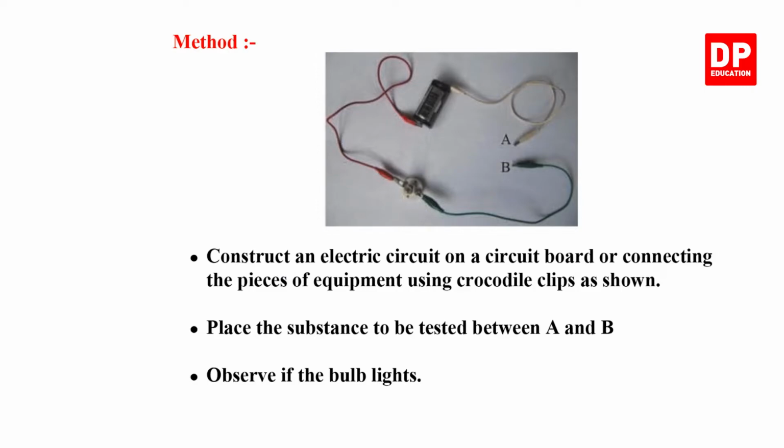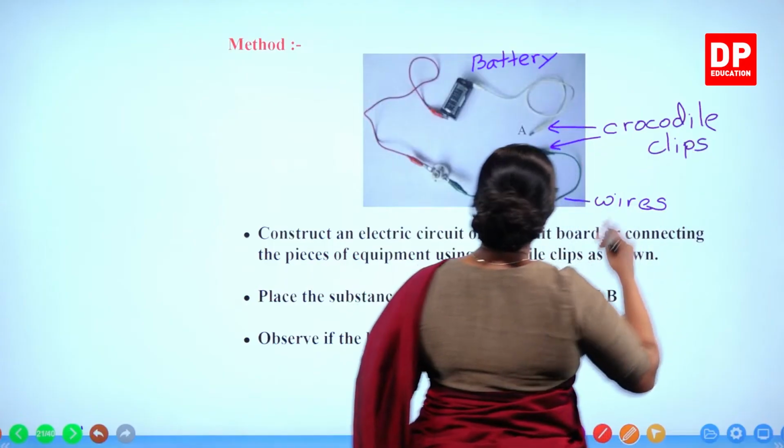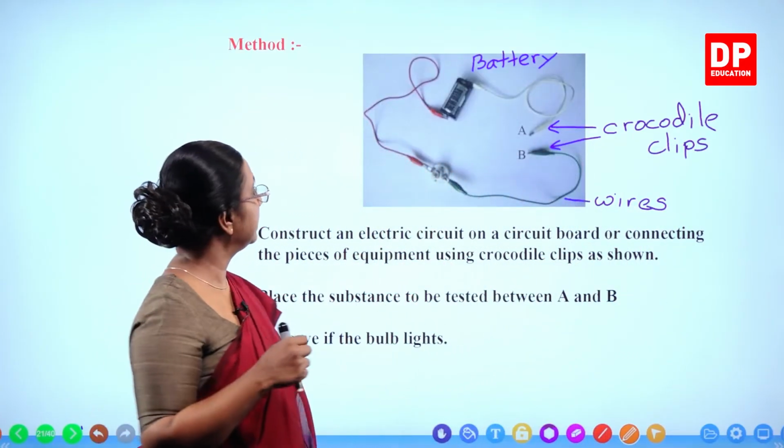This is the method. So here you can see the battery, then these are the wires. Then you have the crocodile clips, so that you can connect the material there.